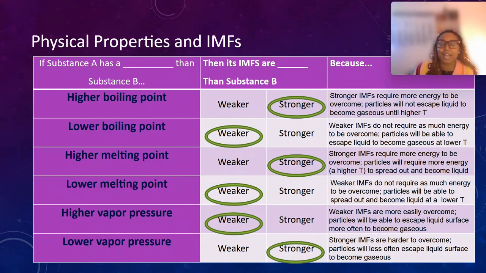Meaning, if I have a higher vapor pressure, that basically means there's way more vapor present in whatever I'm measuring, which means there are weaker intermolecular forces. That's because, remember, if something is easily turned into a vapor, which is a gas, then I didn't need a lot to boil it in the first place. So make sure you think about that and make those connections.